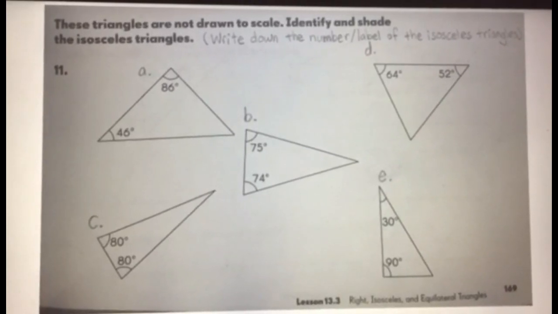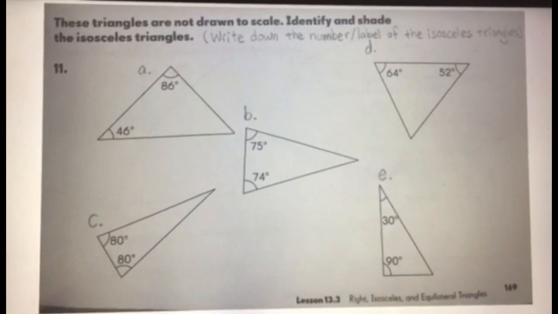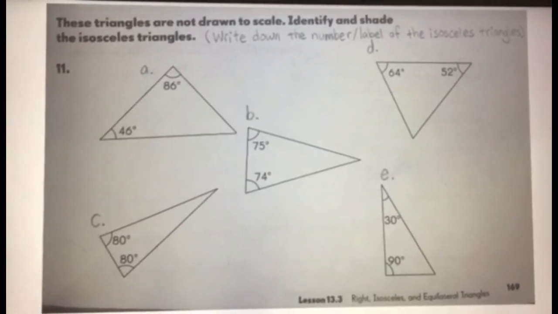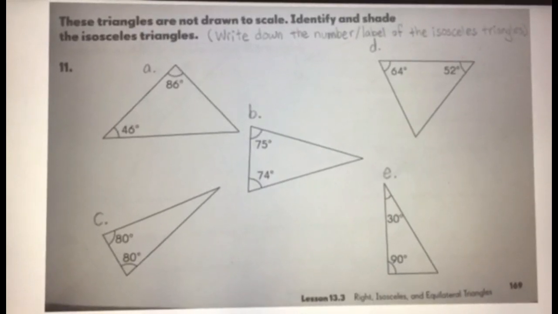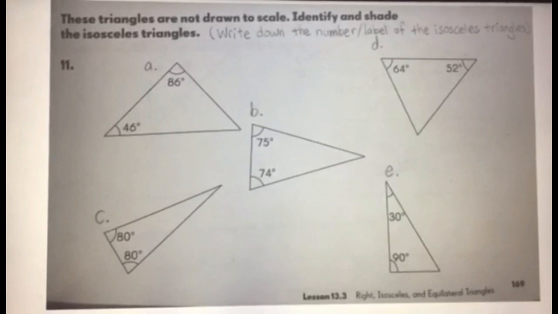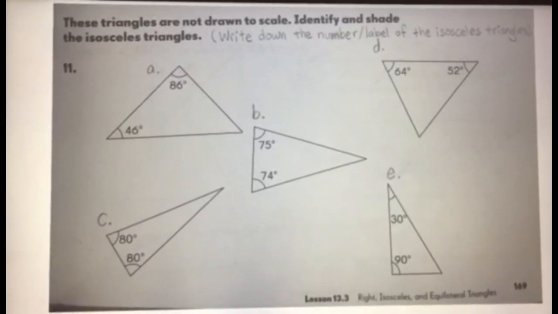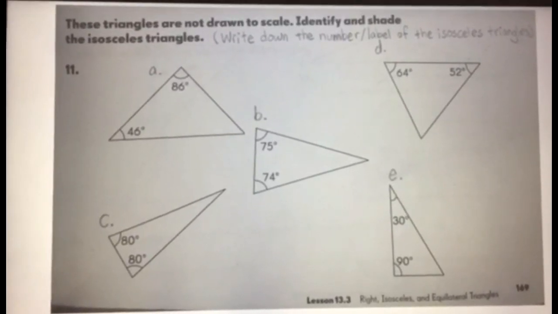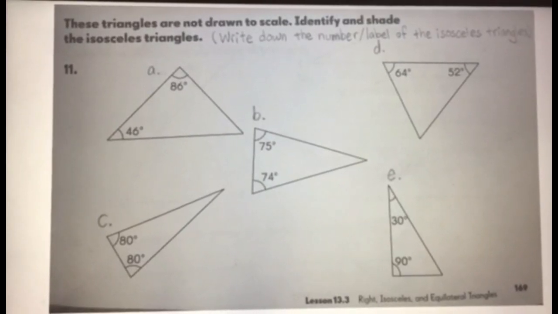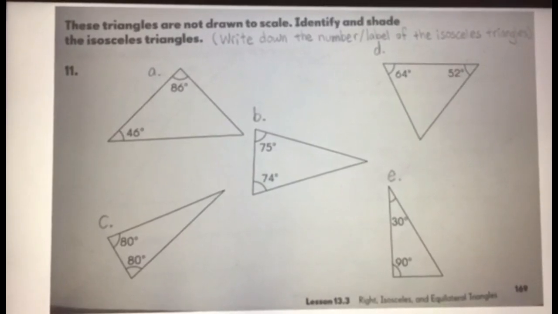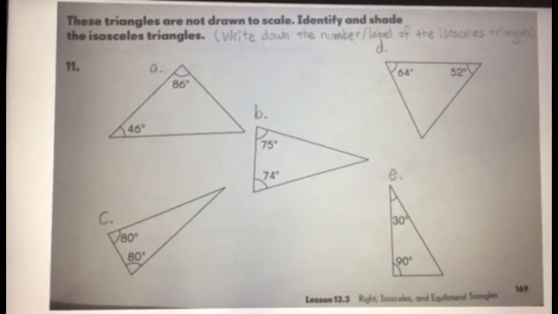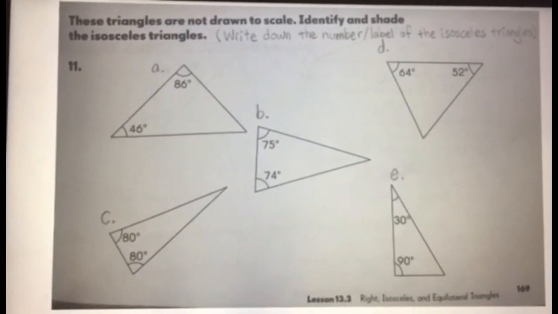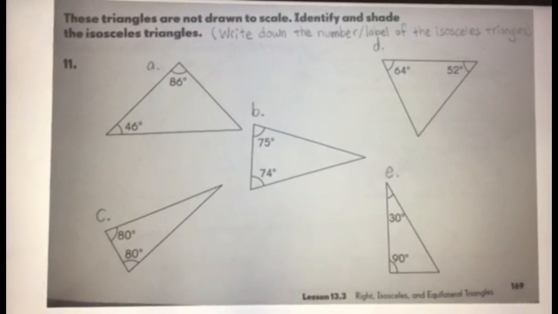You can calculate the angle measures and find out all three angle measures in these triangles, and you will know it's an isosceles triangle if it has two equal angles. But you can't shade on the screen, so instead of shading, you can write down their labels, which are A, B, C, D. Then I know which ones are isosceles triangles.